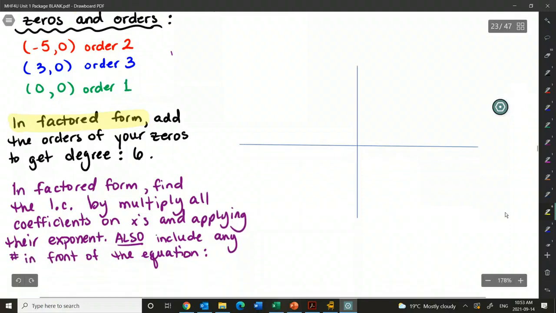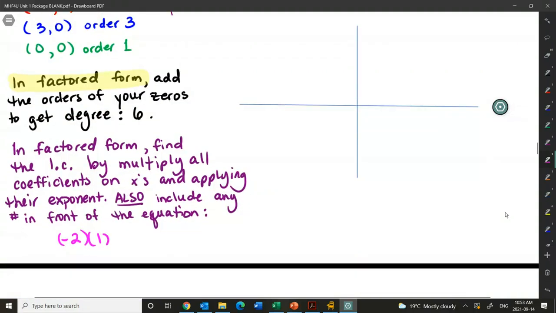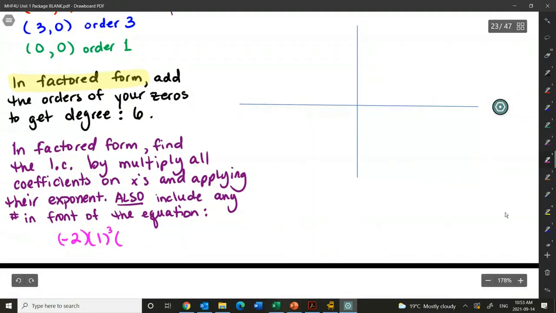So I'm going to use -2 to calculate here. It will be -2 times 1, and I will apply any exponent on the bracket for that. In this case, obviously, if I cube 1, it does not make a difference, but I'm going to do that for now just so we have that in our notes.